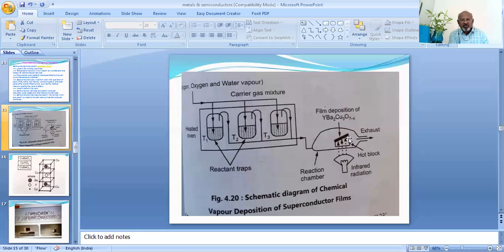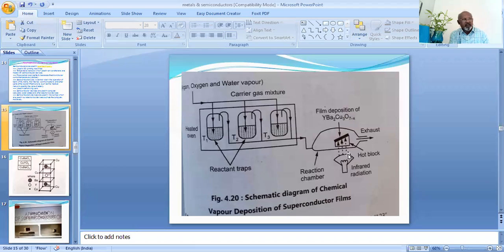When conditions are properly maintained, the desired YBa2Cu3O7-x film is deposited on this wedge-shaped block, which is preheated by this infrared lamp. After deposition, the film may be amorphous.